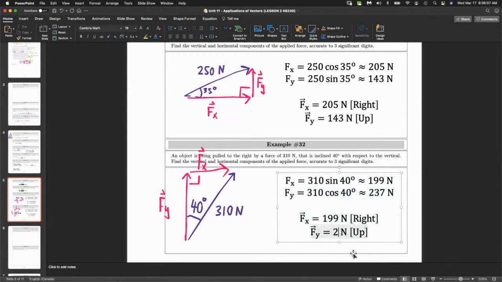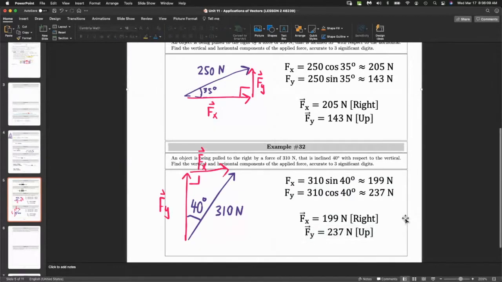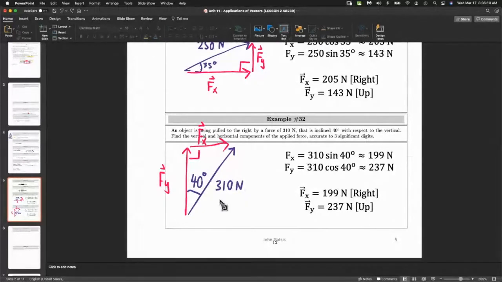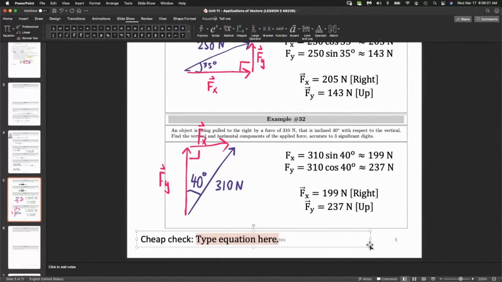So let's say that you're writing a test and you're like, did I get the right answer? Like, how can I do a quick check? So here's a cheap little check. Cheap check. I know that if I do the Pythagorean theorem, I should approximately get 310.